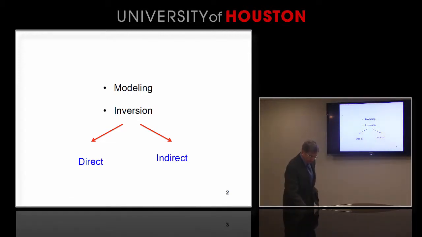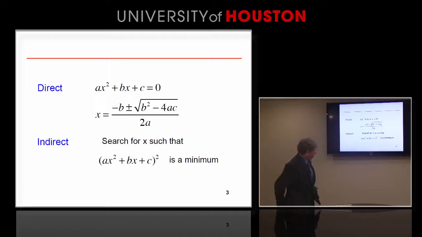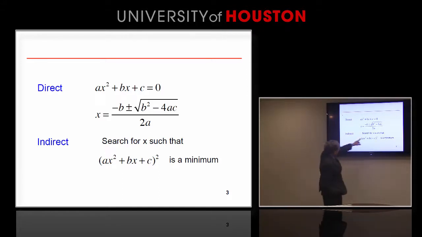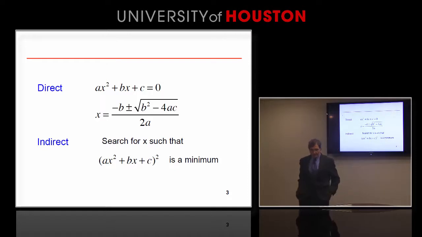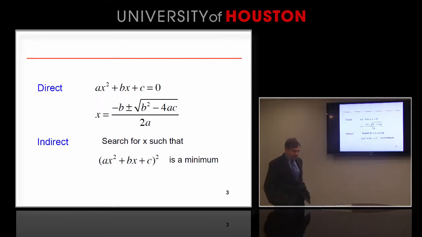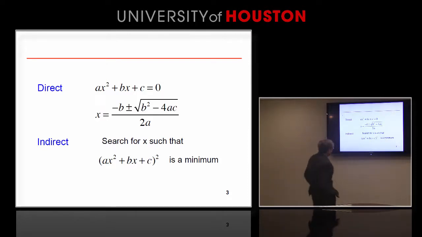What is direct and indirect? Say you have a quadratic equation, ax squared plus bx plus c is 0. x is minus b plus or minus the square root. That is a direct solution. You give me a, b, and c, and on one side you have a, b, and c, and on the other side you get x.